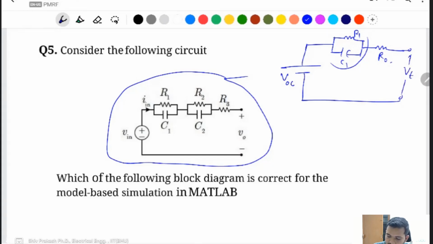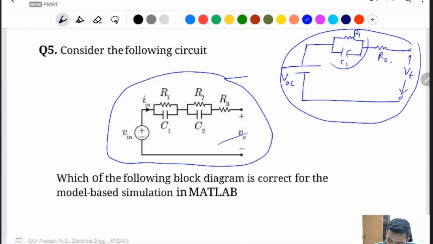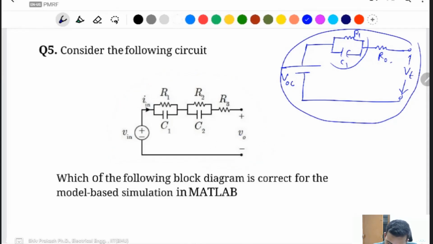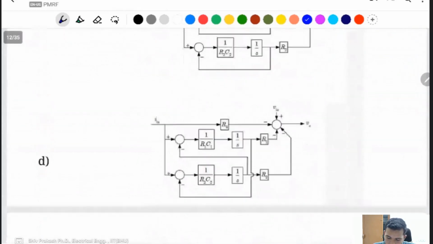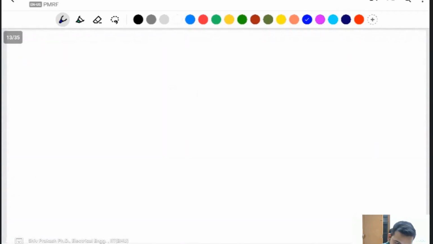The battery equivalent circuit is like that, and the same thing is given in the question: the 2 RC parallel circuit and one internal resistance R3. Then he asks about the block diagram. Let's find it.